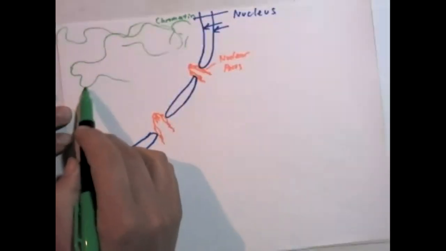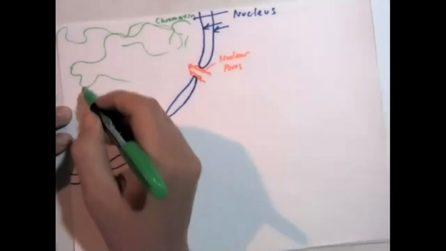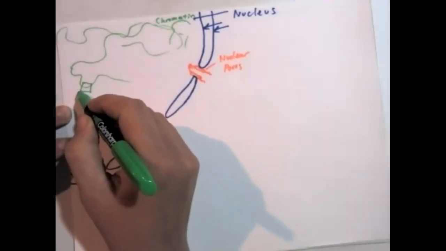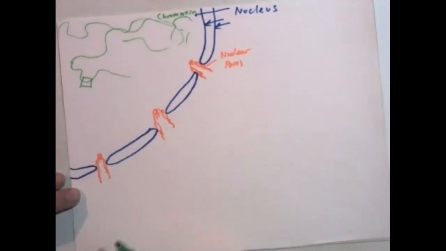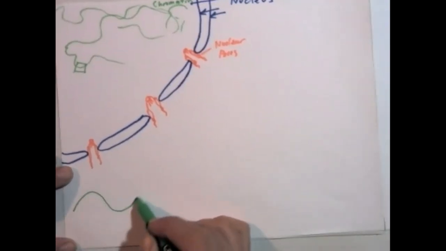Okay. And so when I draw this green line, let's zoom in on this. What I am drawing, or what I'm implying, is the double helix of DNA.